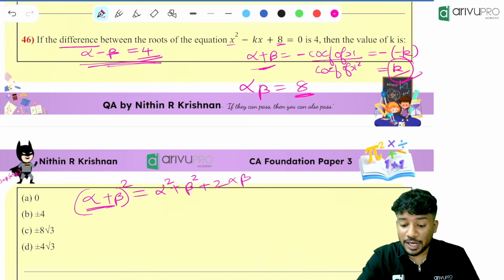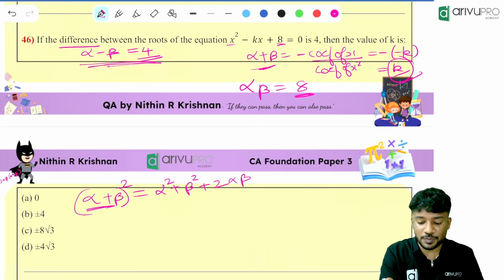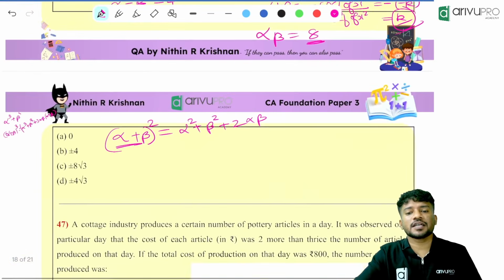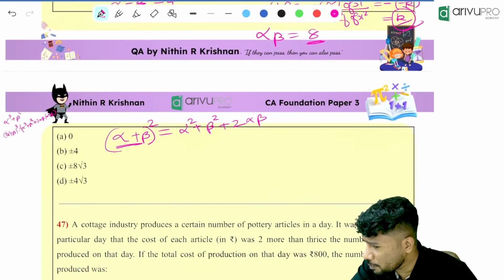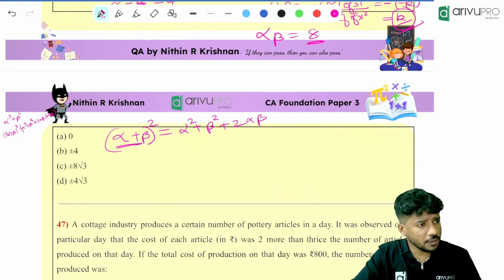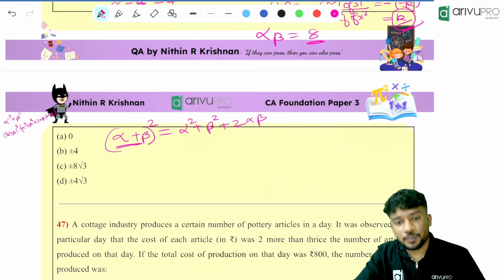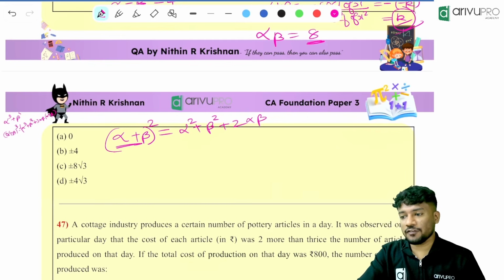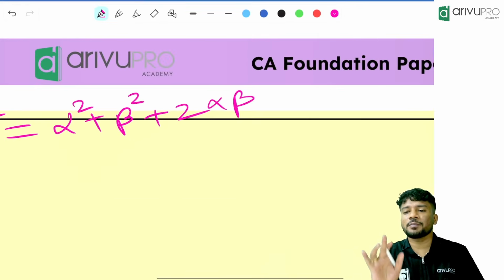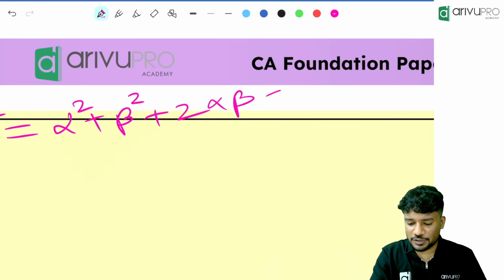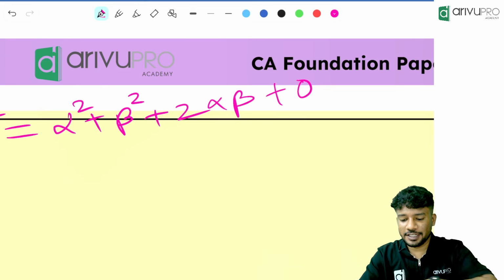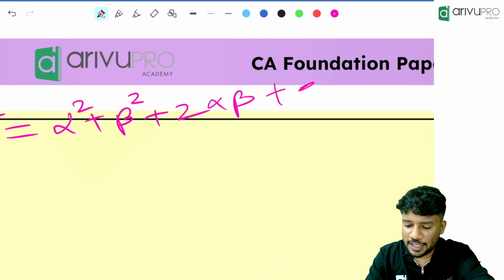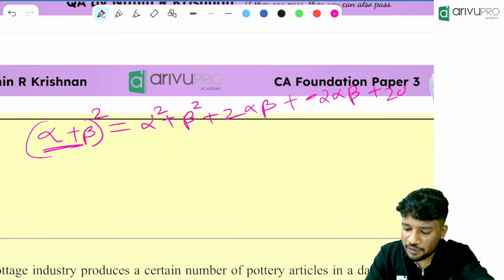Now we want to write it in terms of alpha minus beta. What is alpha minus beta the whole square? That is nothing but alpha square plus beta square minus 2 alpha beta. Now we require minus 2 alpha beta. So everyone knows that there is an extra 0, right? Instead of that 0, can I write minus 2 alpha beta and plus 2 alpha beta?